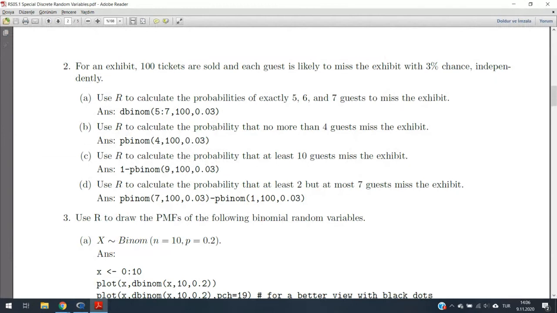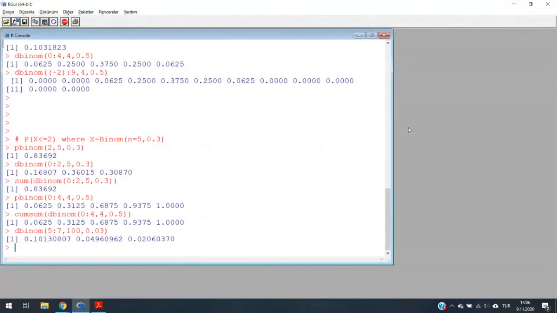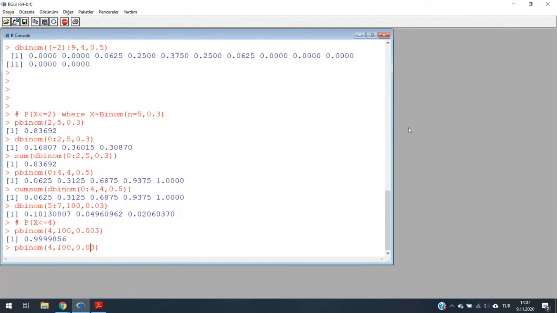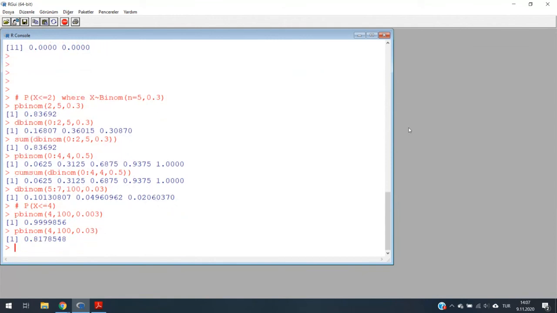The next part says, find the probability that no more than 4 guests will miss the exhibit. No more than 4 guests. So this is basically asking us for the probability of X being less than or equal to 4. That probability is pbinom at 4 under size parameter 100 and success probability 0.03.